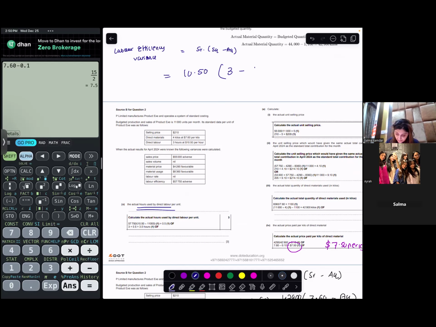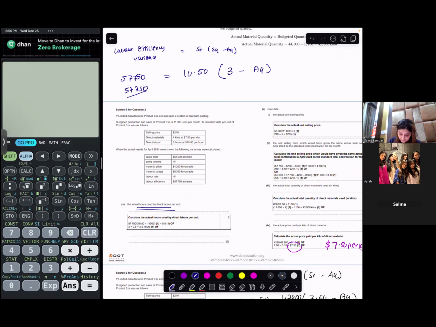And so efficiency variance is 57,750, that means actual quantity used is more. So 57,750 divided by 10.50.